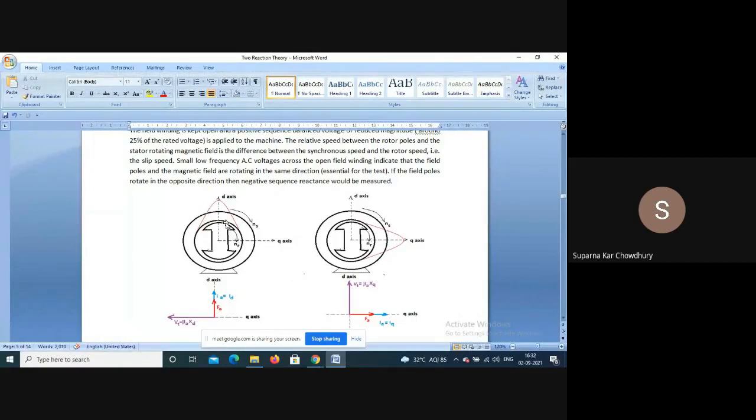As the air gap is small, the reluctance offered by the air gap is also small. Actually, under this test, we are applying a small voltage to the armature and the field is open. So basically the armature winding is drawing a current, which is basically the magnetizing current to create the rotating magnetic field.